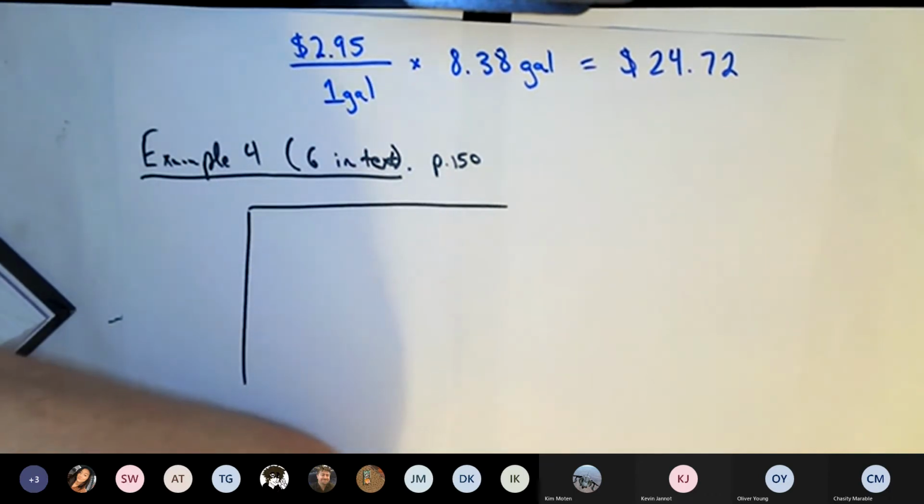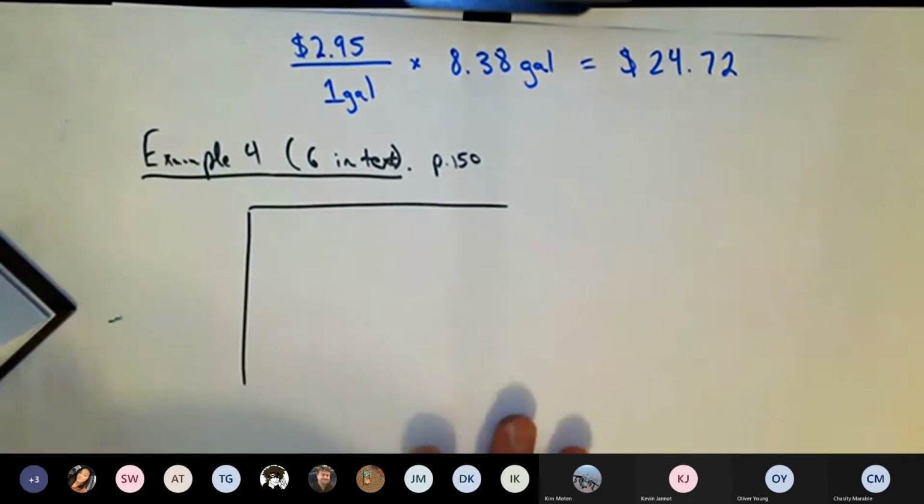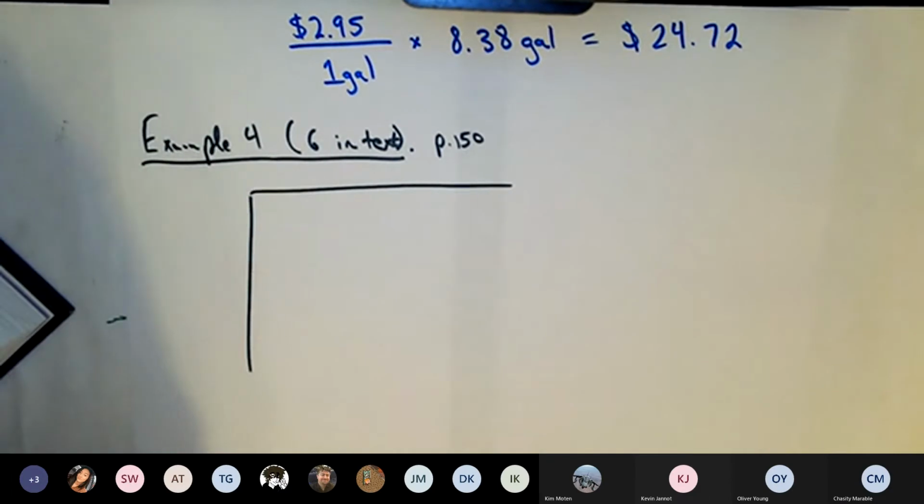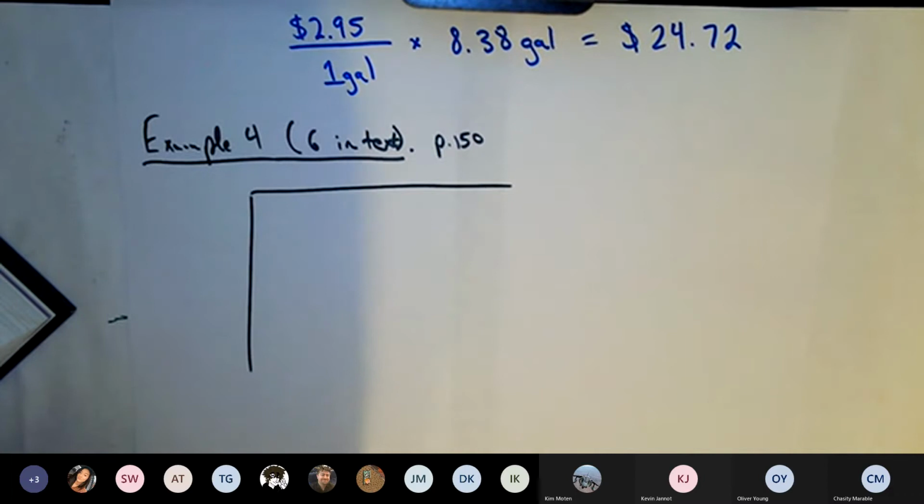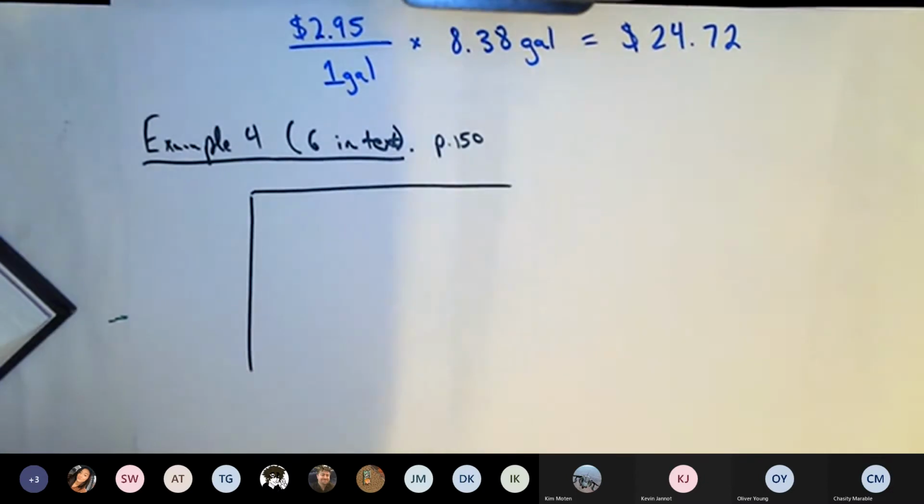Let's go to student dashboard. I'm going to go to my ebook, take a screenshot of this page, and put it in the chat. How is that for being more efficient? Just give me 1 second. The ebook is loading.